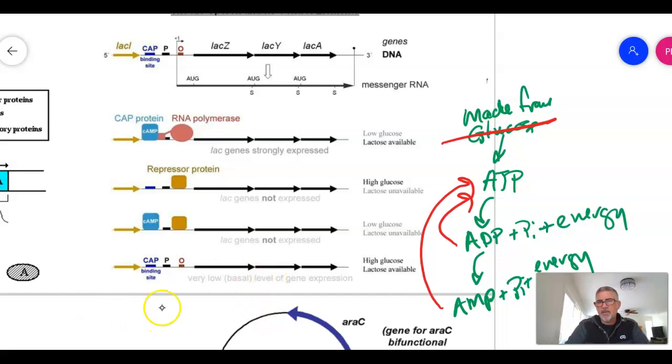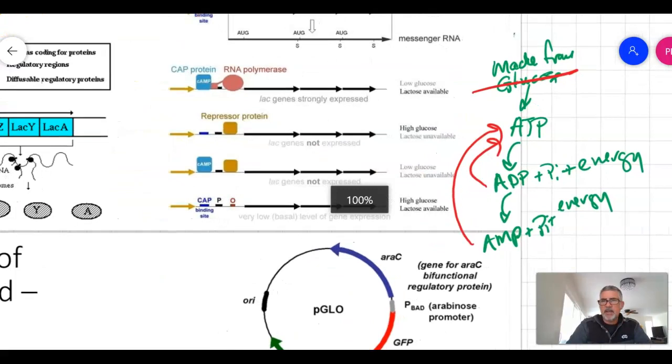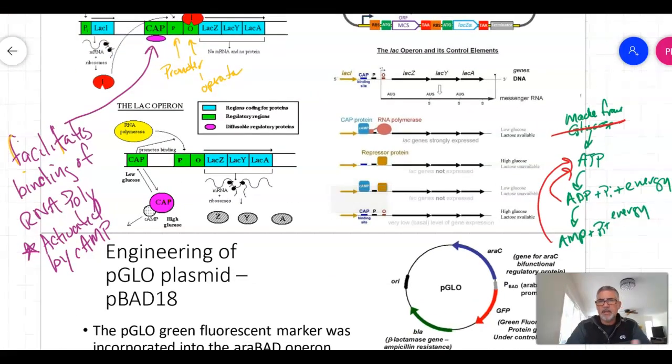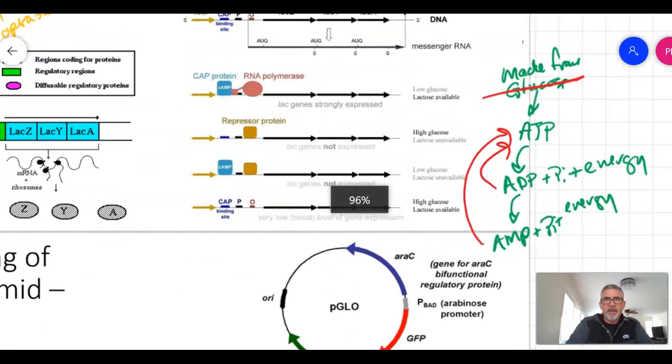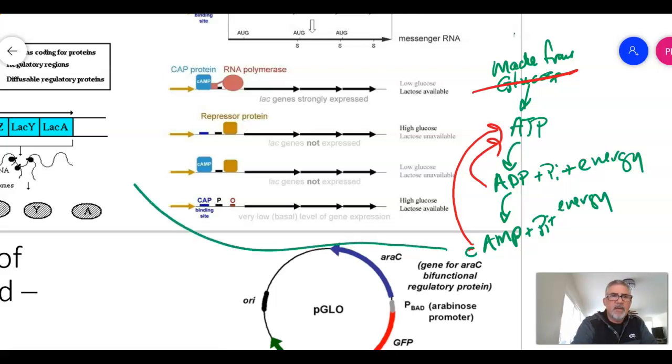Now, I can't go any farther than AMP, but AMP, otherwise known as cyclic AMP, stimulates the production of energy. So if I don't have glucose, because bacteria just can't go find glucose, but lactose is available, the cyclic AMP will bind to that CAP area.